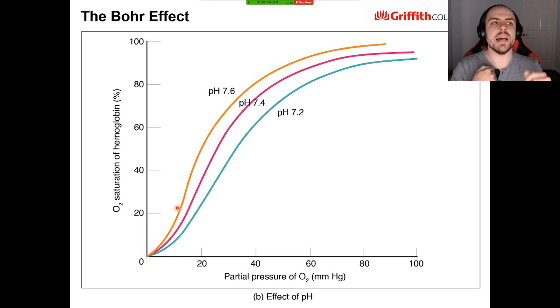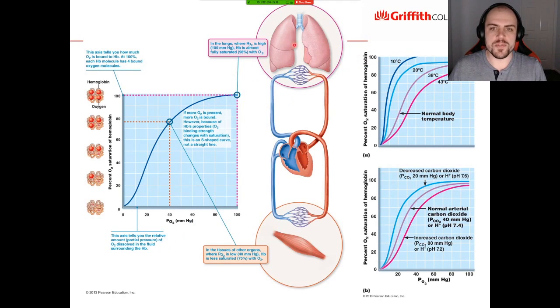What this means is, as the blood moves from our lungs back into the heart and then circulates around the body, around our circulatory system, it's going to be coming in contact with our tissues. Now, your tissues are producing carbon dioxide as a byproduct, and the amount of carbon dioxide it is producing depends on the tissue, depends on how hard it's working.